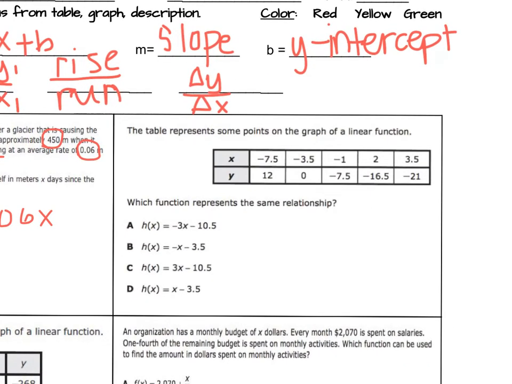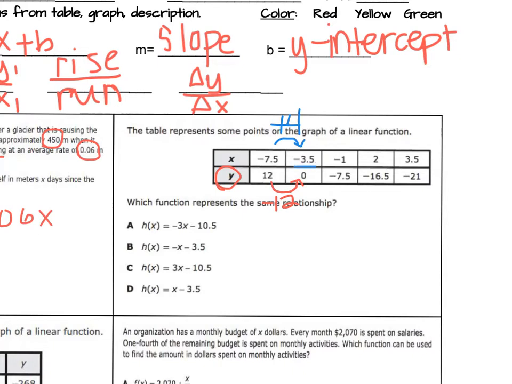Whenever we have a table, we have to find our slope by doing the change in y divided by change in x. So here I subtracted 12 for my y's, and here I added 4. So you can also type that in the calculator.